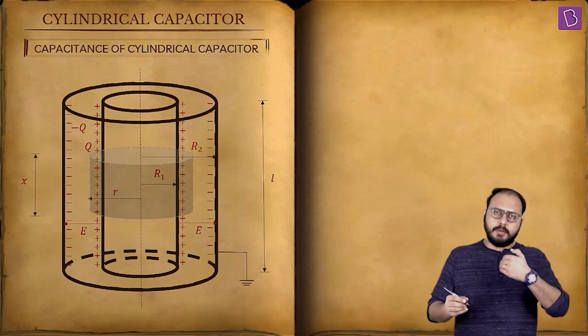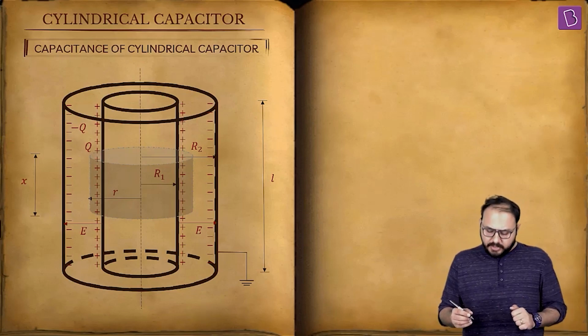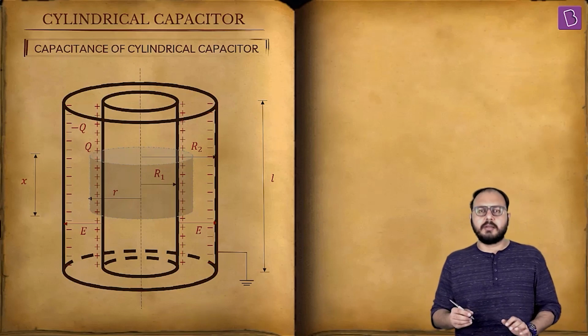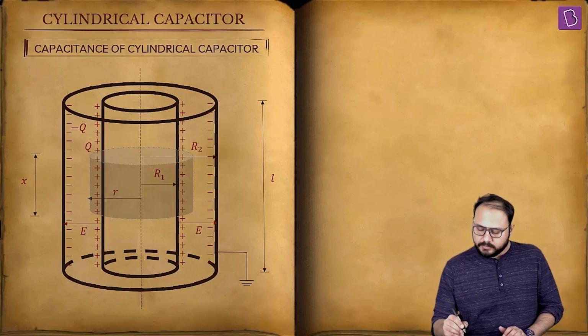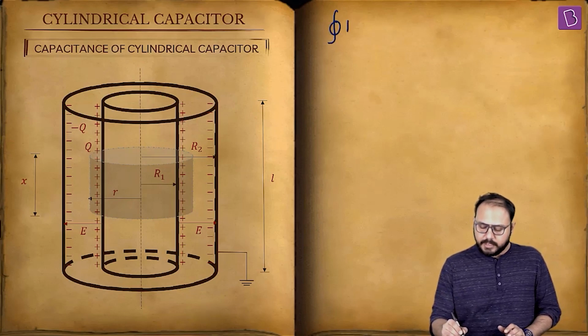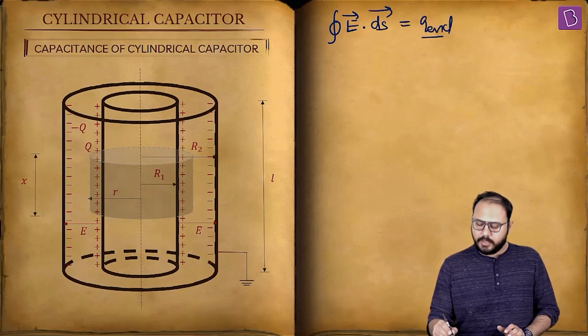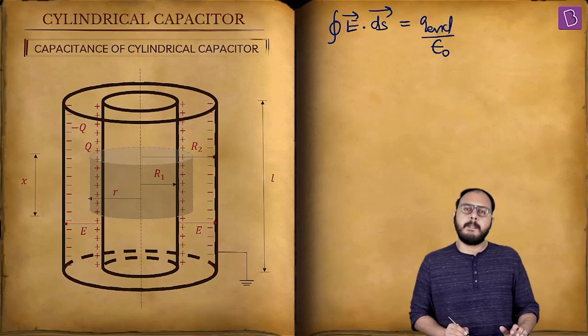Applying Gauss law on my Gaussian surface. The radius of the Gaussian surface is small r. Clearly, small r is more than R1. Integral E dot ds is equal to Q enclosed by epsilon naught.